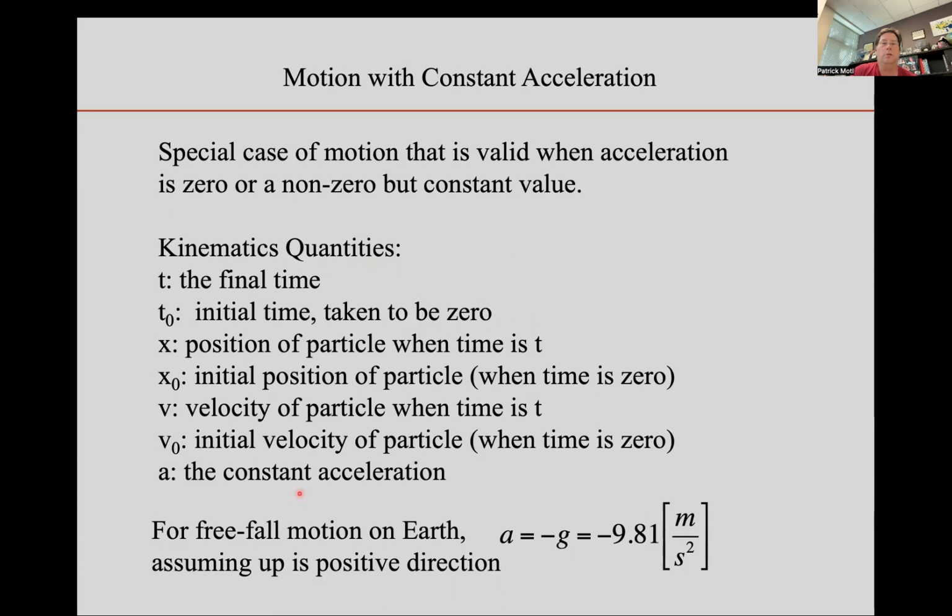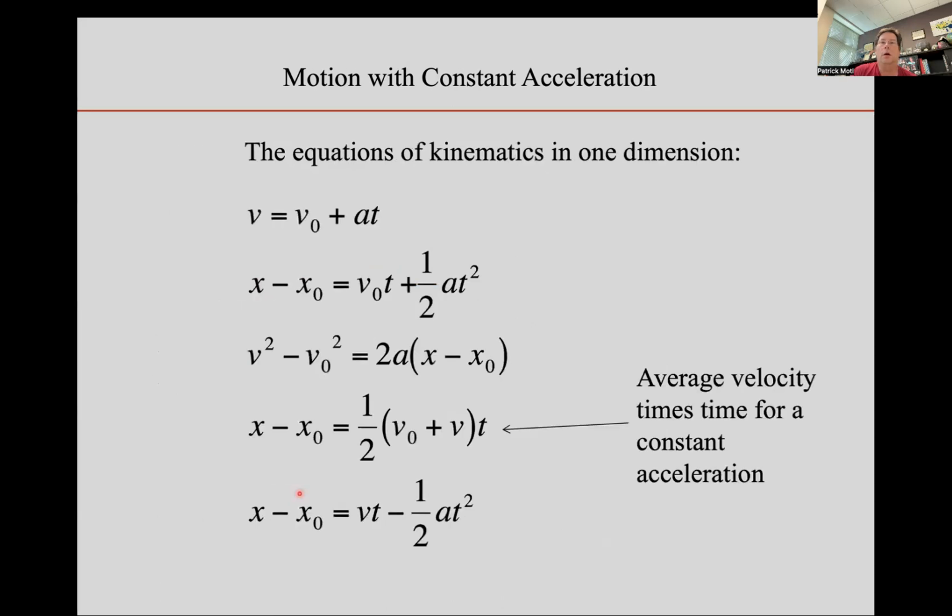All right, so 7 possible variables. The tools to use are 5 equations of kinematics. We have an equation that says that the final velocity is the initial velocity plus acceleration times time. You'll note that equation does not involve position. We have an equation that gives us a displacement: the initial velocity times time plus a half acceleration times time squared.